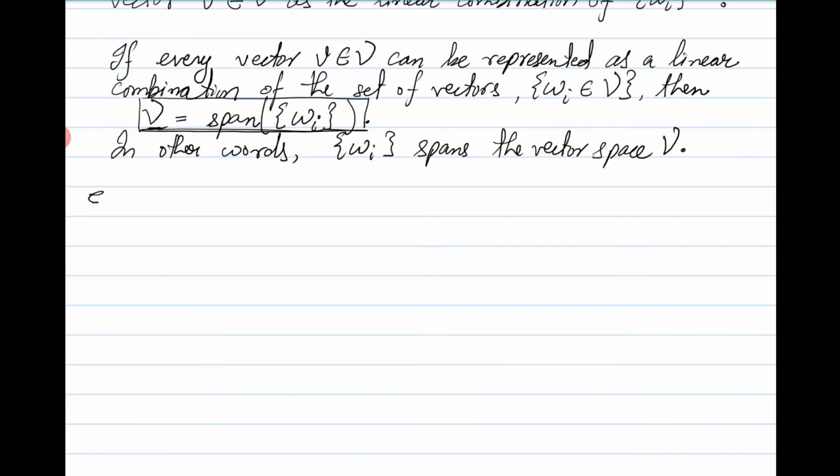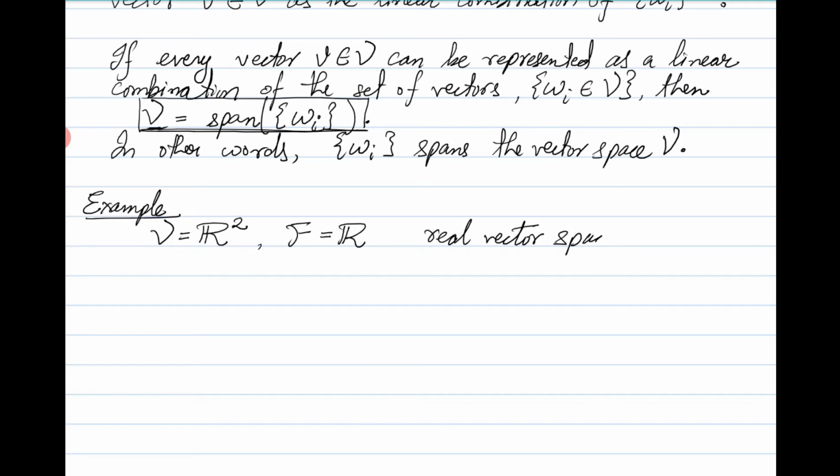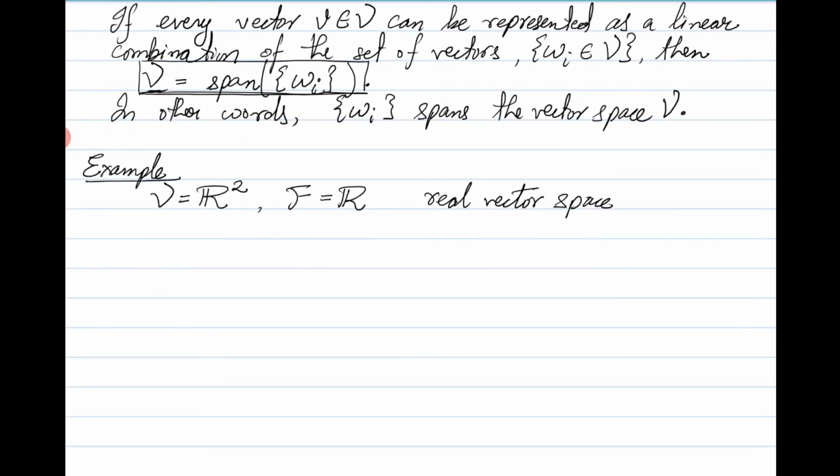For example, let us consider the vector space R2 with the field being real. So this is basically a real vector space. Now consider a set of vectors, 1 0 and 0 1.